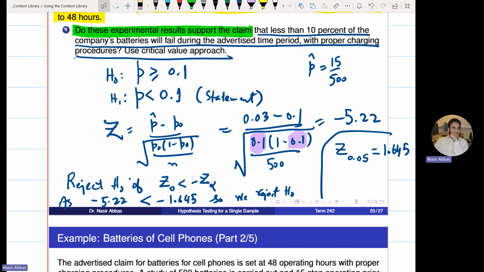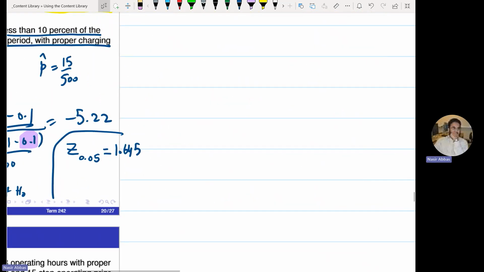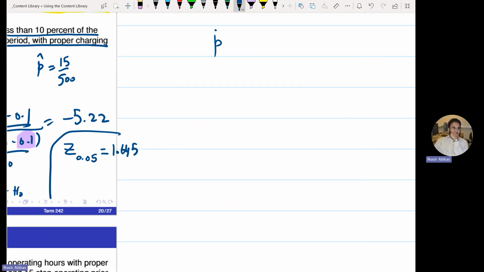Logically, right? What if the sample was something theoretical? What if the sample P hat, instead of 15, was 45 divided by 500? What if that was the case? It would be 0.09. Is 0.09 less than 10%?